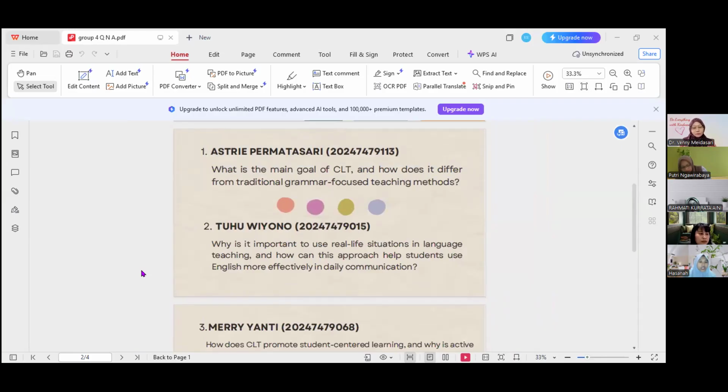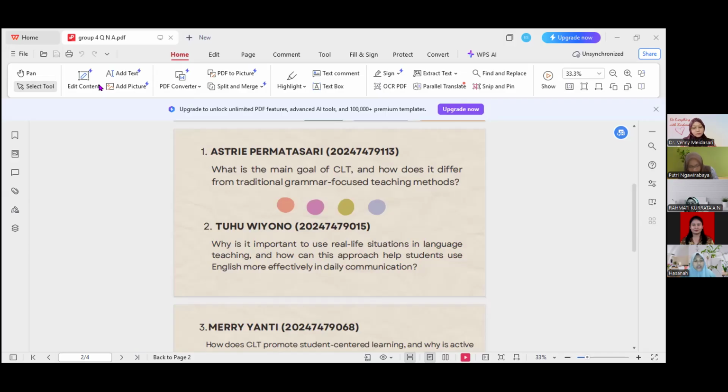The question is, what is the main goal of CLT and how does it differ from traditional grammar-focused teaching method? The answer is, the main goal of CLT is to develop students' ability to communicate effectively and meaningfully in real-life situations.